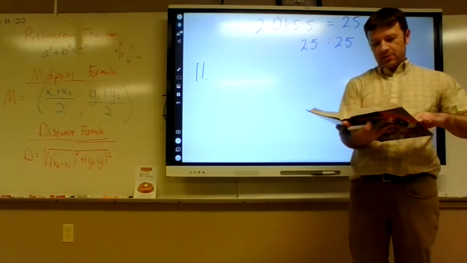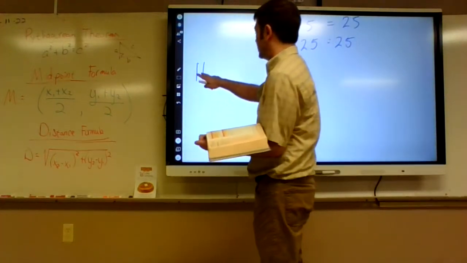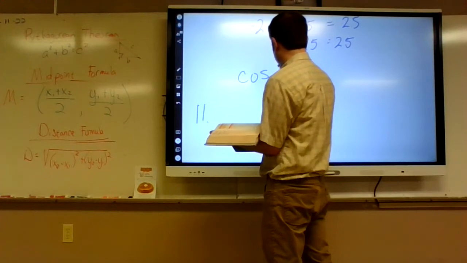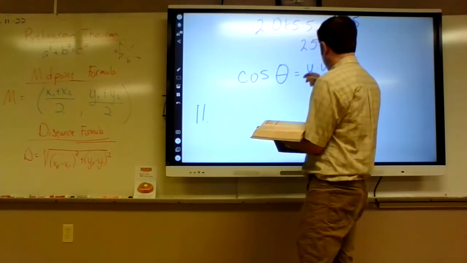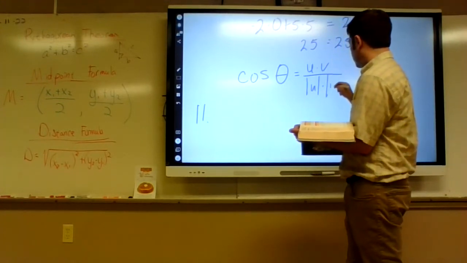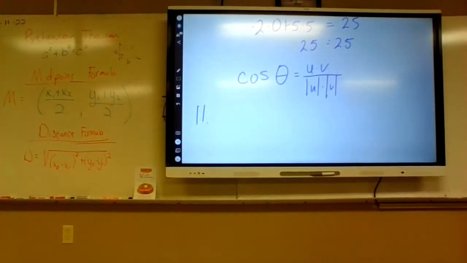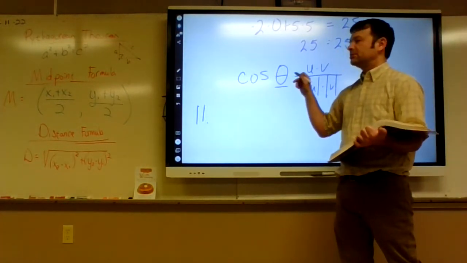Okay, on number 11, we got one more little formula to throw in here, besides the dot product. I'm just getting this off of the previous page. Cosine of theta equals u dot v over the magnitude of u times the magnitude of v.